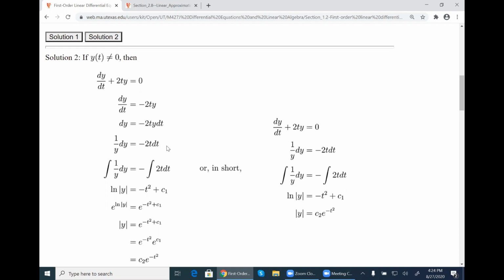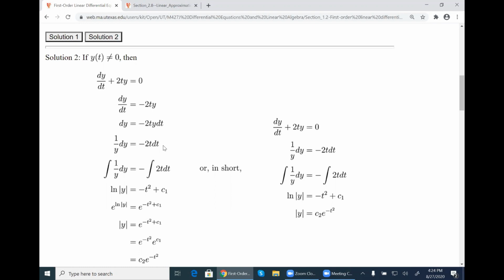And note that now, on the left-hand side, we have only y terms. On the right-hand side, we have only t terms. We just separated the variables. This is why we call this method separation of variables method.